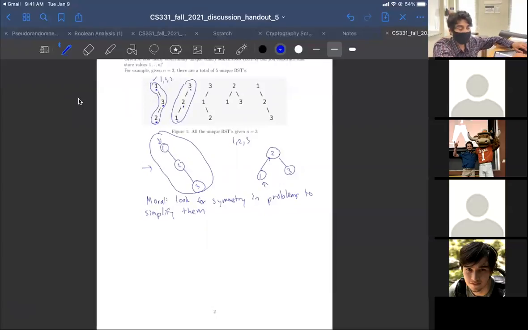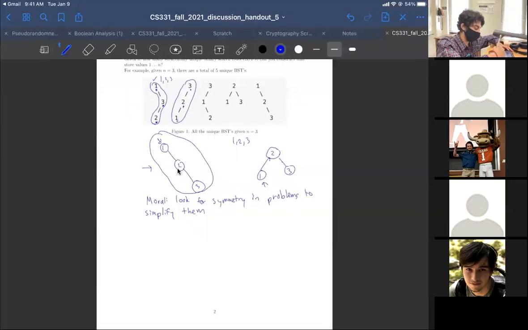What is the maximum number of nodes you could have in the left subtree? N minus 1. All the nodes could be in the left subtree and the right subtree would be empty. This is the opposite of that, where all the nodes are in the right subtree and the left subtree is empty. So basically you have a choice of k going from 0 to n minus 1 for the number of nodes in the left subtree.